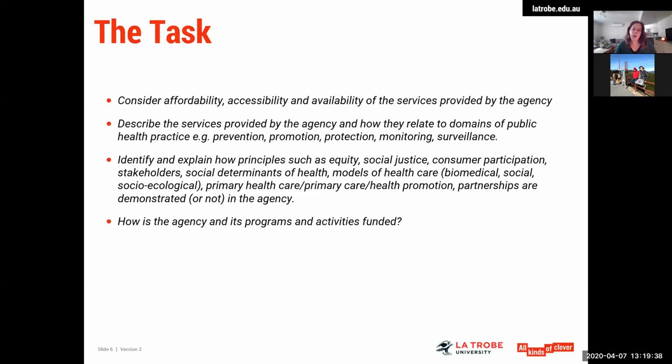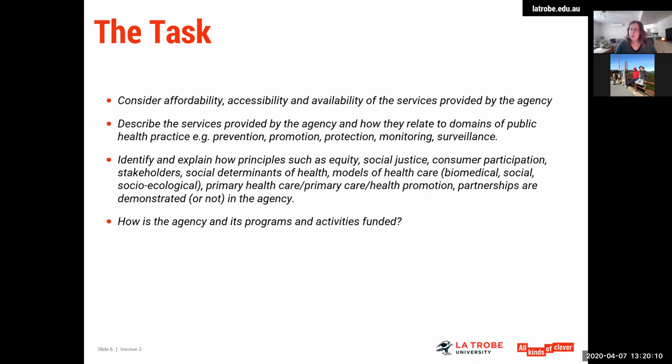So we want to think about where there might be some inequities for different population groups and who might be vulnerable. We also want you to describe the services that are provided by the agency and how they relate to domains of public health practice. So, for example, the strategies or the services that are being provided, are they directed towards prevention? Are they more about health promotion? Are they doing the work in the area of health protection?